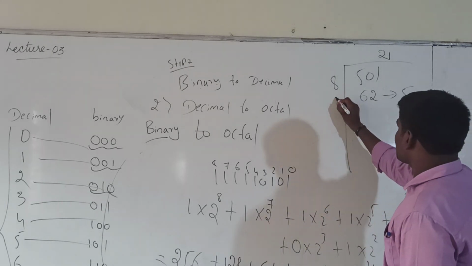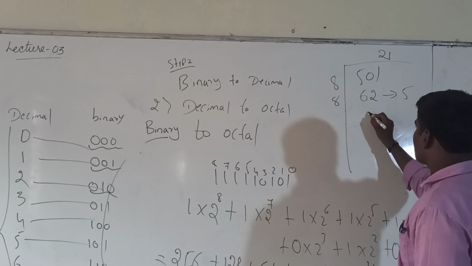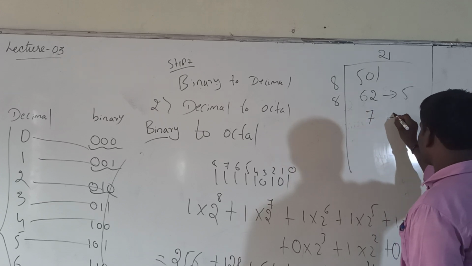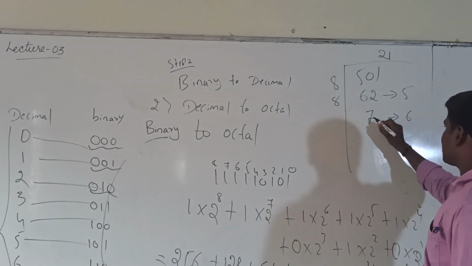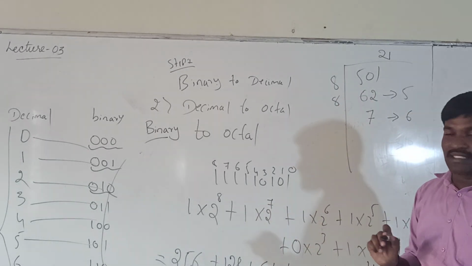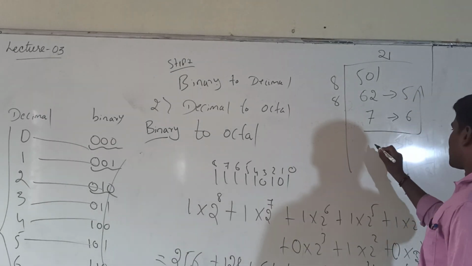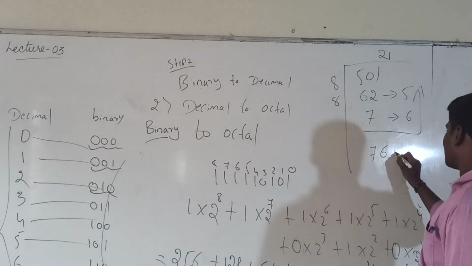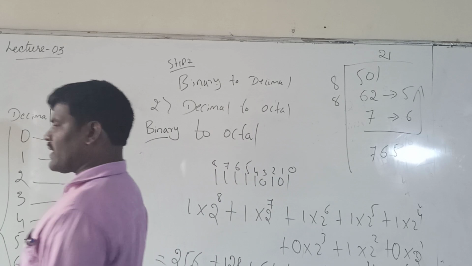Next is 7. 8 sevens are 56, remainder is 6. In reverse order we write the final answer, that is 765 to the base 8. So this is the final answer.